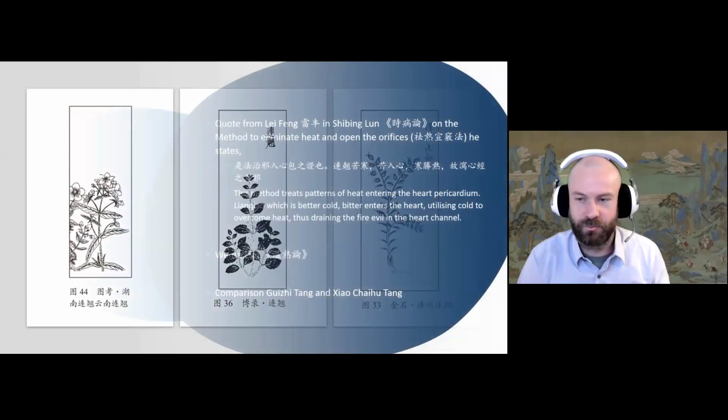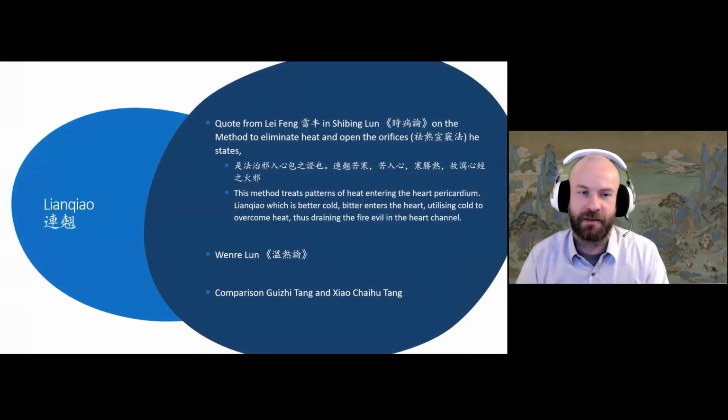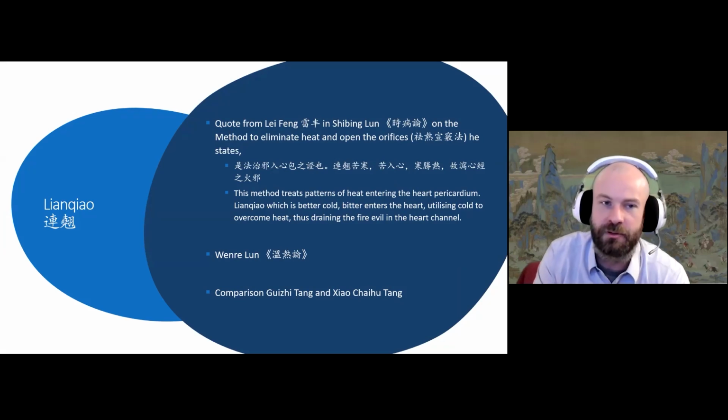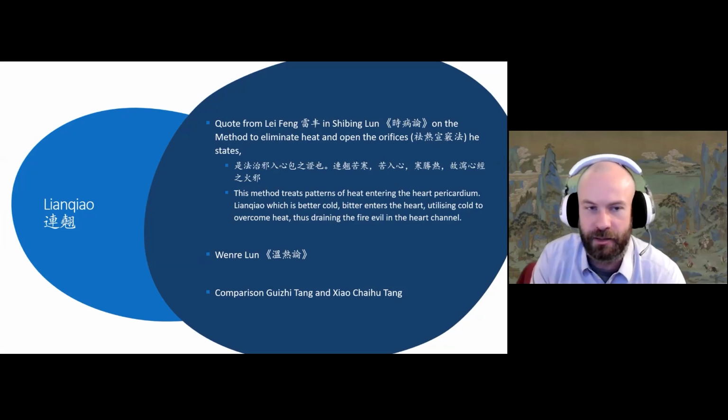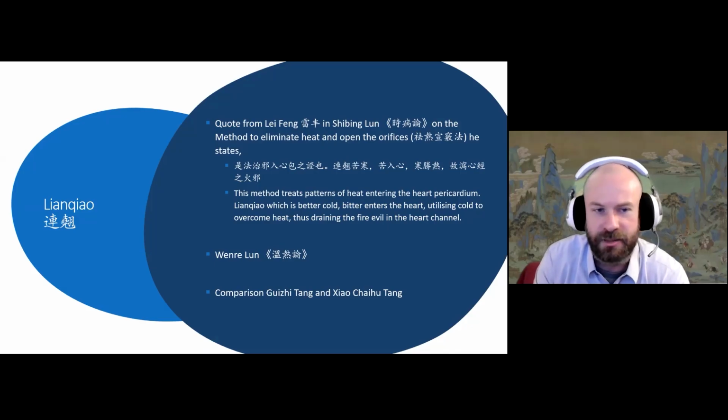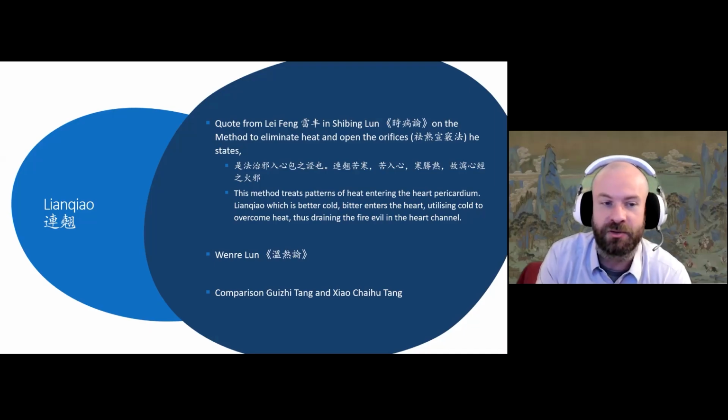But I just thought we'd have a quick discussion of Lianqiao because I wonder about its use. I was reading a text called the Shire Bing by Lei Fang, a Qing dynasty physician, and he talks about this method to eliminate heat and open the orifices. He says this method treats patterns of heat entering the heart pericardium. Lianqiao, which should be bitter cold: bitter enters the heart, utilizing cold to overcome heat and draining the fire evil in the heart channel.